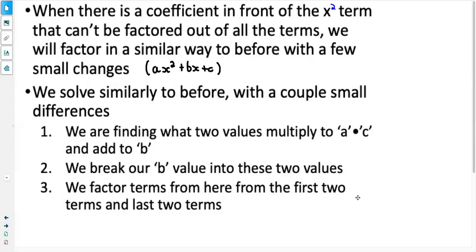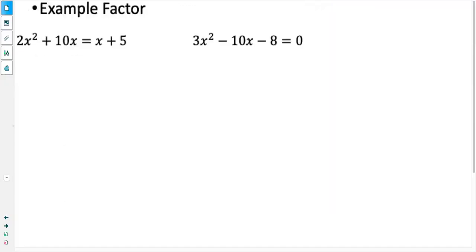We're still adding to our b value. We're going to find what two values multiply to that product and add to that sum. And then we're breaking our b term into two separate terms with those values. From here, we factor our first two terms and our last two terms, and then simplify.